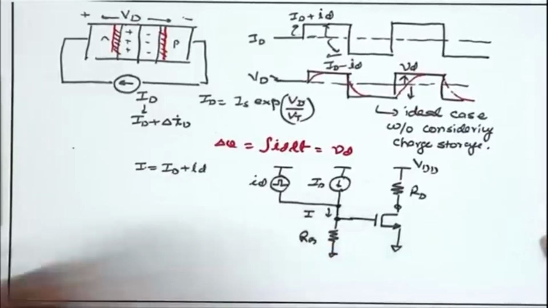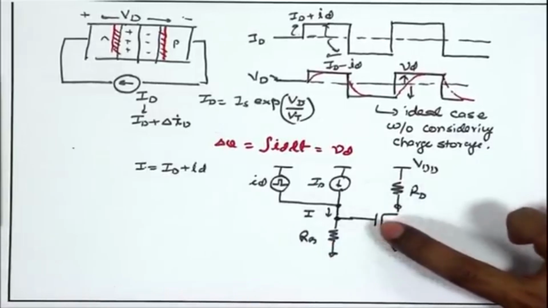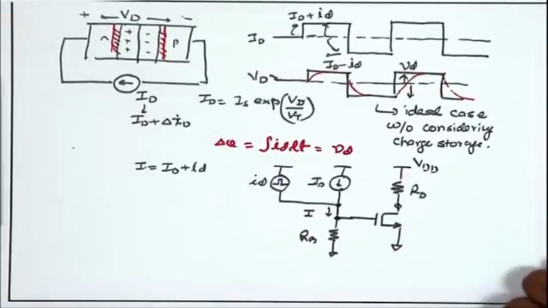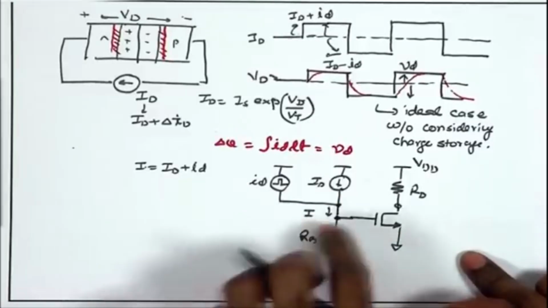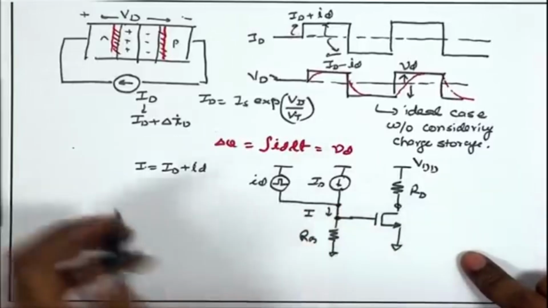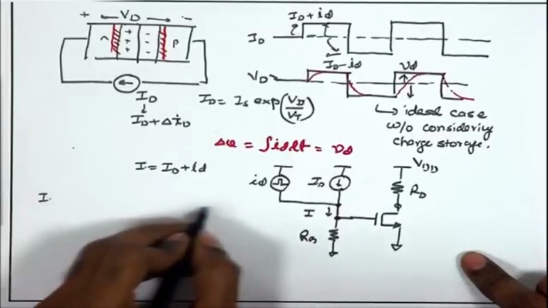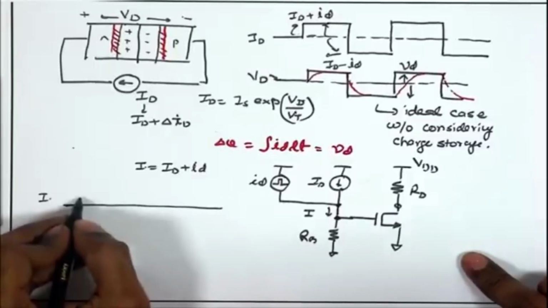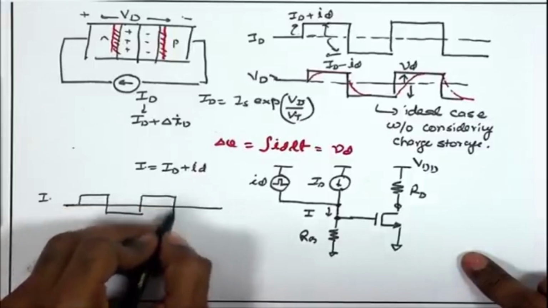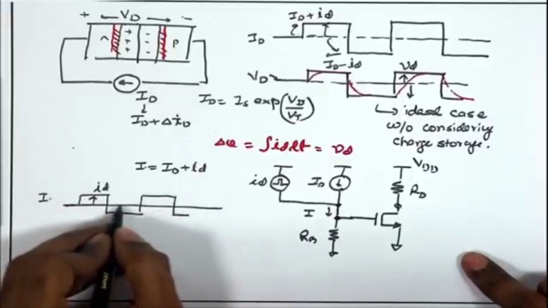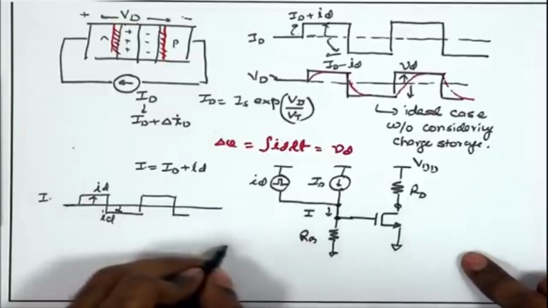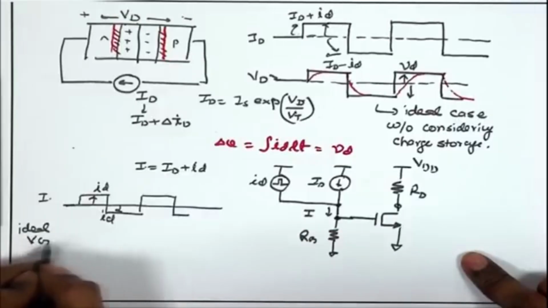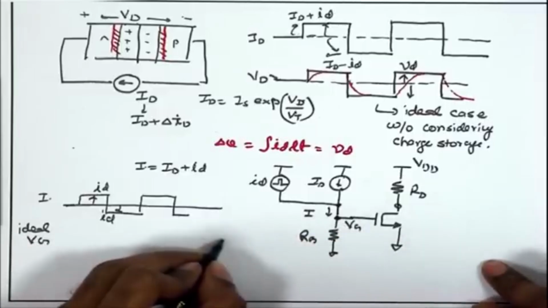Ideally, if I do not consider the capacitance of the MOSFET, if I do not consider the charge storage mechanism inside this MOSFET, the moment id goes up, the voltage also goes up. So, in total current I, I am putting it up and down by small id. If I ignore the charge storage mechanism, the total gate voltage Vg instantaneously will go up and down.